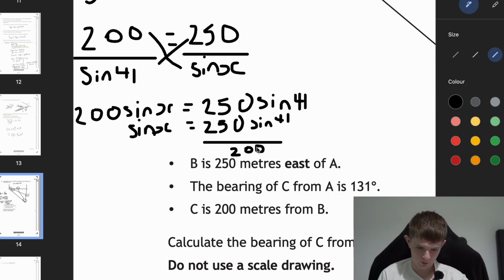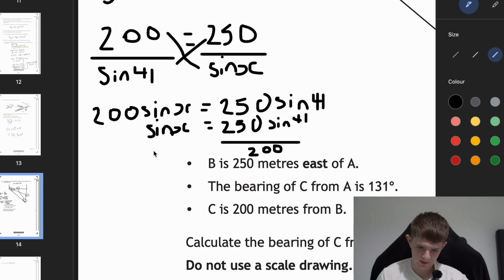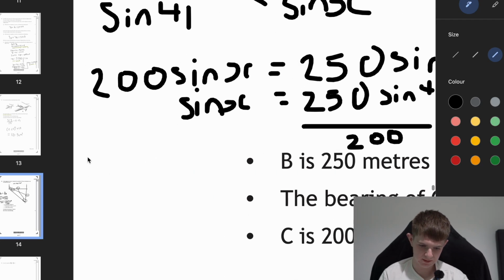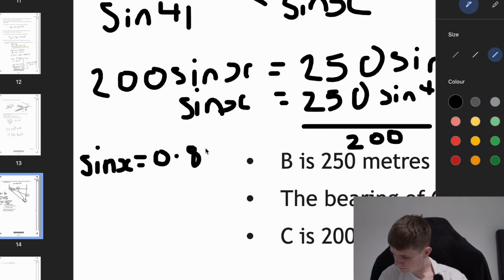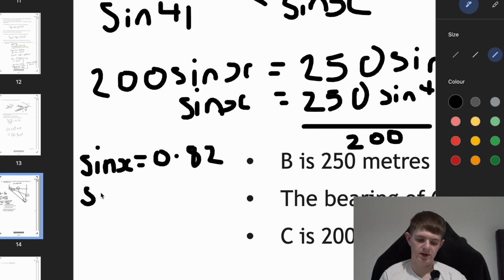So we've got 250 sine 41 over 200, and that gets us sine x equals 0.82. Of course, that can't be an angle, so we're going to have to do a sine inverse.